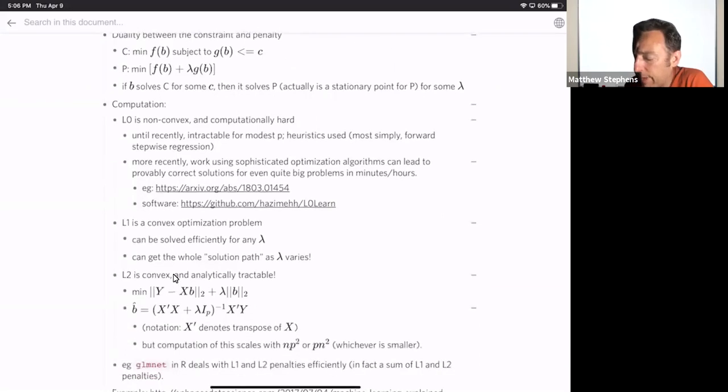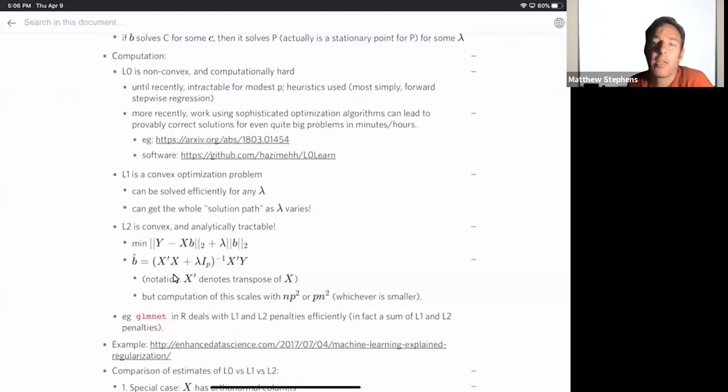Okay, we'll see a picture in a moment, but before looking at that, I want to talk about the L2 case. The L2 case, ridge regression, is also convex, and in fact it has an analytic solution that you can compute provided n and p are not too big.